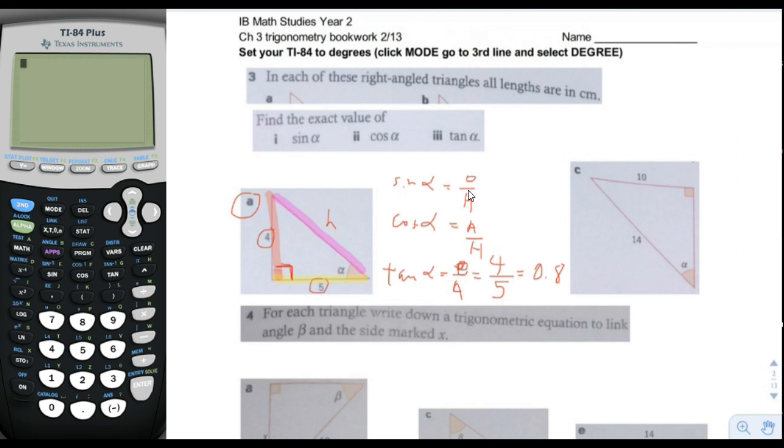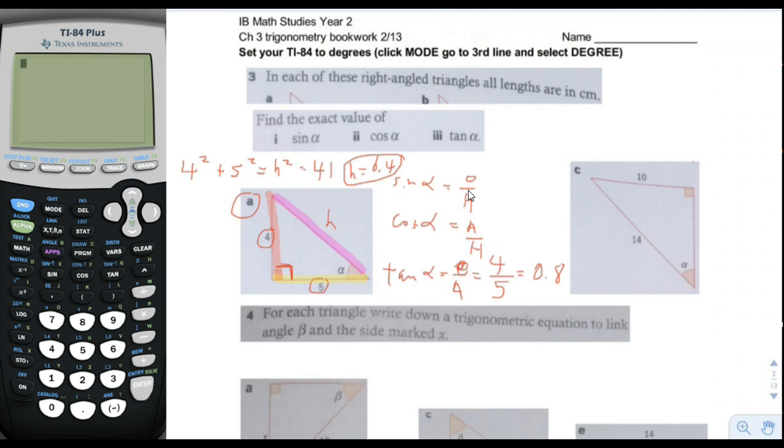So we can make a Pythagorean Theorem equation: 4 squared plus 5 squared equals h squared. Okay, so h squared is 4 squared plus 5 squared, that's 16 plus 25, which is 41. So h is equal to the square root of 41, and the square root of 41 is about 6.4.